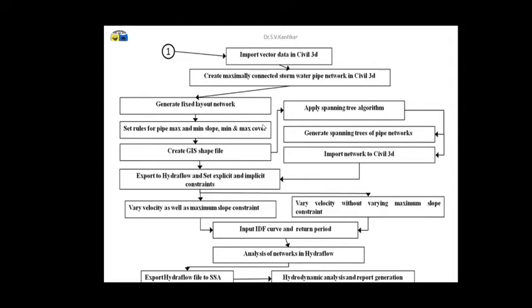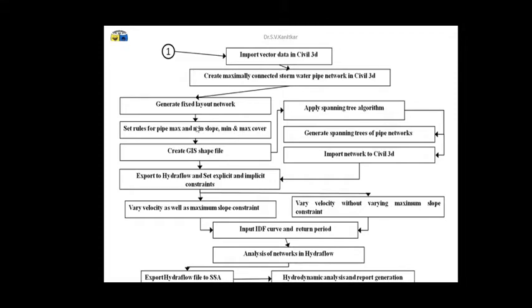discharge. Now what you do in Civil 3D is you create that layout, that is, generate a fixed network layout. Then you set different rules for how much should be the maximum slope and minimum slope. Similarly, minimum cover as well as maximum cover, say a minimum cover of 0.9 meter and a maximum cover of say 3 meter, or not to exceed that.